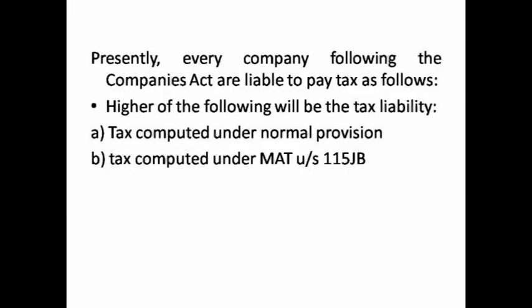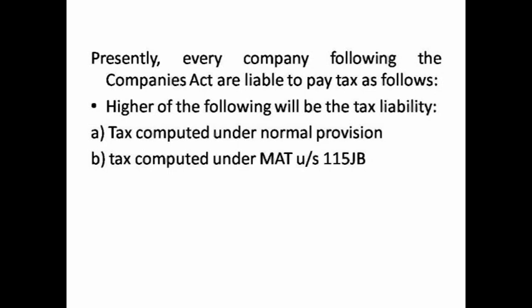Now, you have to compare the two amounts. As per section 115JB, the company is liable to pay tax whichever is higher. That is, if the tax liability under MAT is higher, it will be paid as tax liability for that year. If the tax liability under normal provision is higher, then the normal tax liability will be paid.